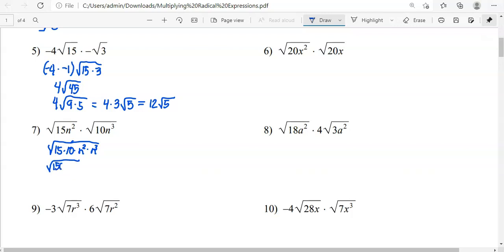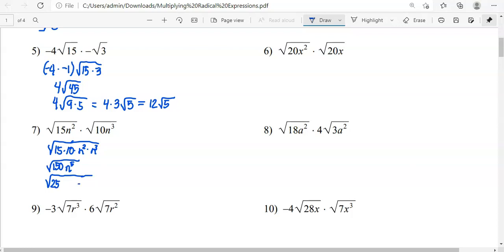For the variable, we will add the exponents. Okay, using the product law of exponent, yung natutunan natin sa previous lesson, magiging n raised to 5. Okay, then hanapan natin ang factor na. So, yung 150, so ano ang first perfect root na isang factor niya? So, we will have 25 times 6.